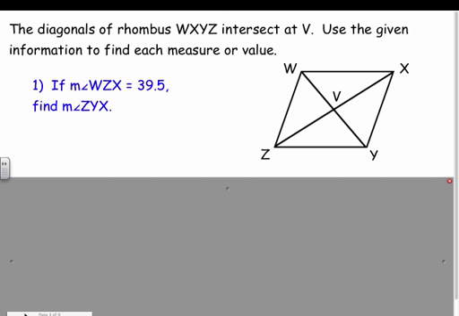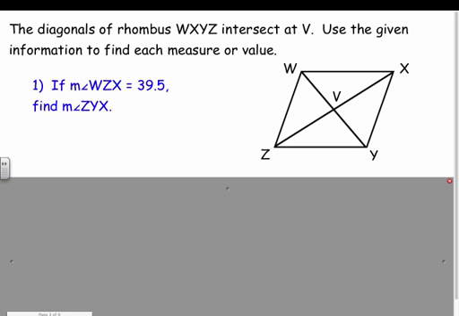It says the diagonals of a rhombus WXYZ intersect at B. Use the given information to find each measure or value. First things first, I know these are all 90 degrees, don't I? Our last rule, if it's a rhombus, it's all 90. Keep that in the back of your head.